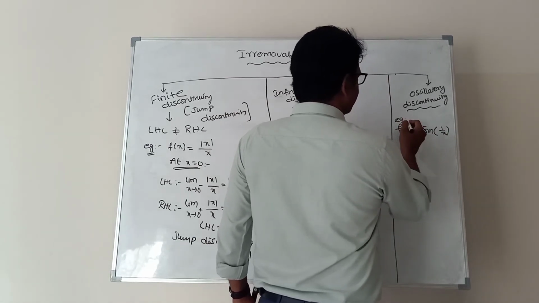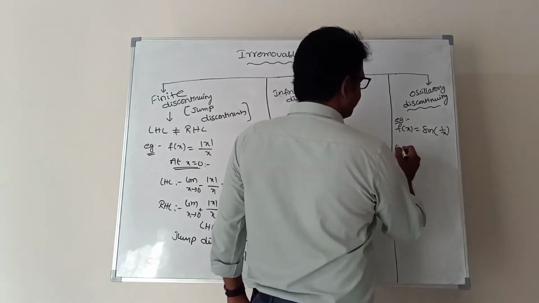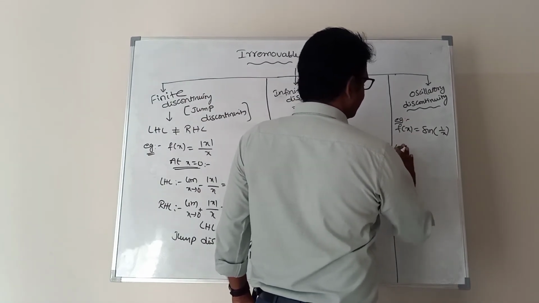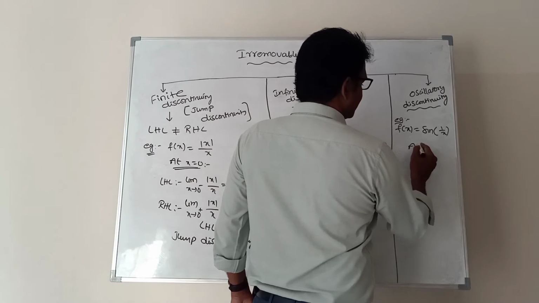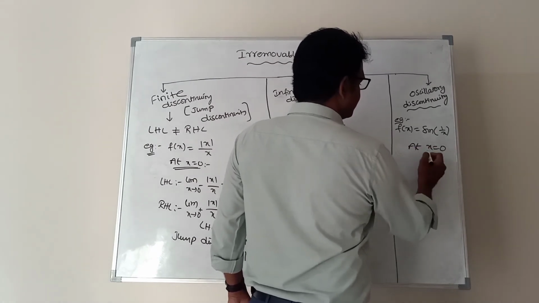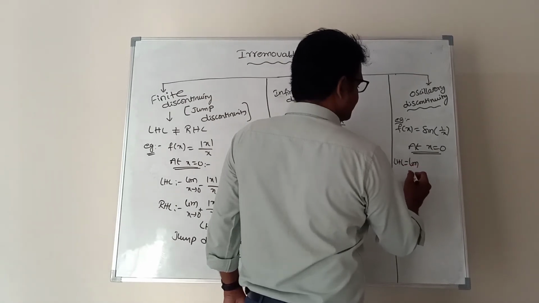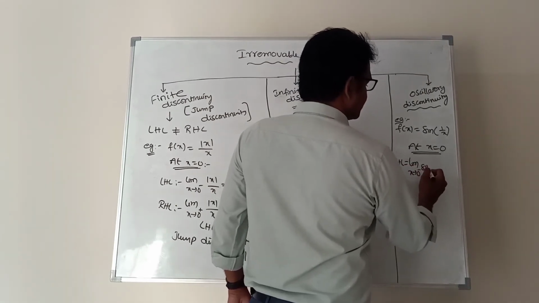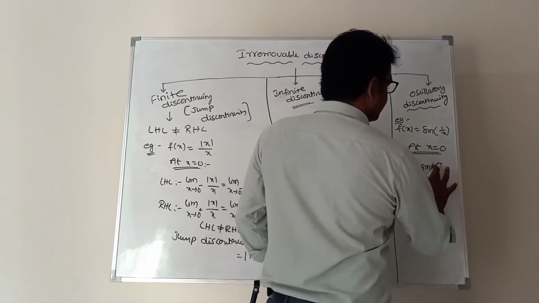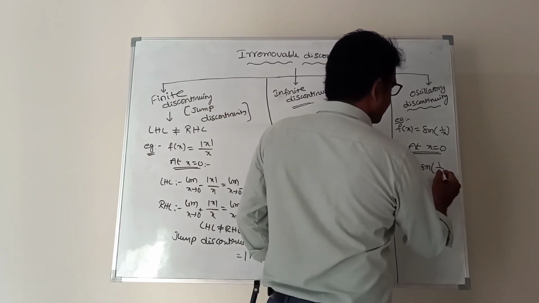If you take the function sin of 1 by x, what is the LHL at x equal to 0? Left hand limit means limit x tends to 0 minus of sin of 1 by x.